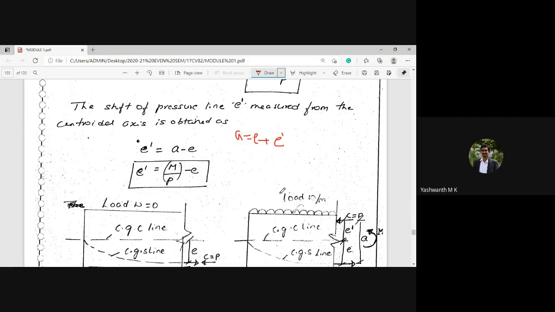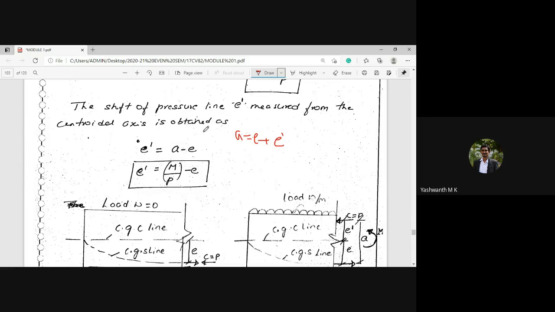So please be careful. There is a lot of difference between E dash and A. A is the shift of the pressure line from the centroidal axis of the steel. E dash is the shift of the pressure line from the centroidal axis of the section. Please note this point.